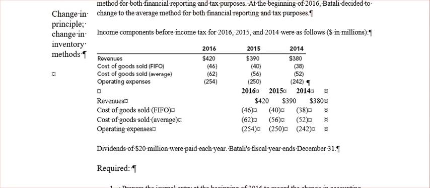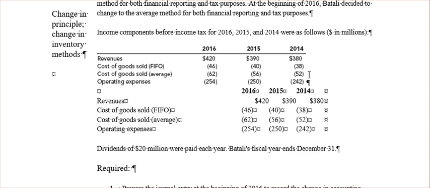It is the effect of cost of goods sold differences, and we went back, we said this was 16, this is the 14, and so the costs under the old method, which was FIFO, you'll notice 40 and 38 were all lower than under the new method, which is average.